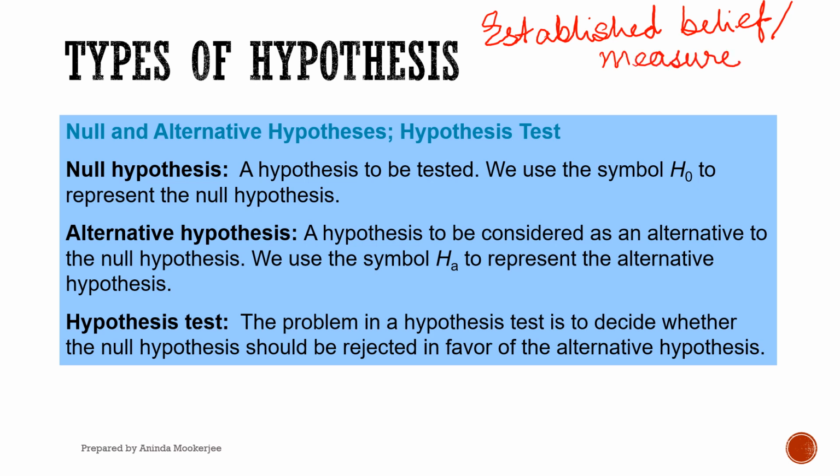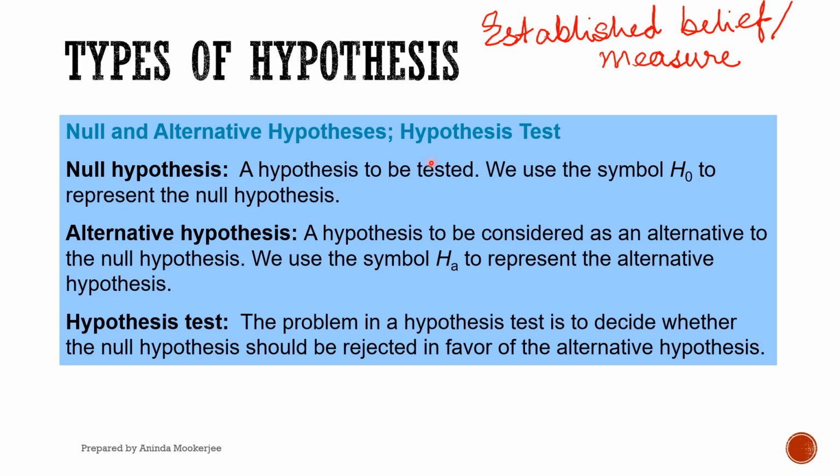In statistics, most often it is the mean, the population mean. So it is an effort to replace an established belief or an established measure by a more recent measurement that came from a new study, perhaps.